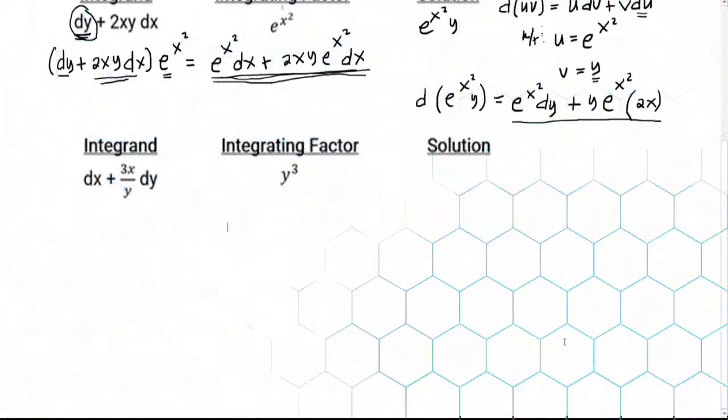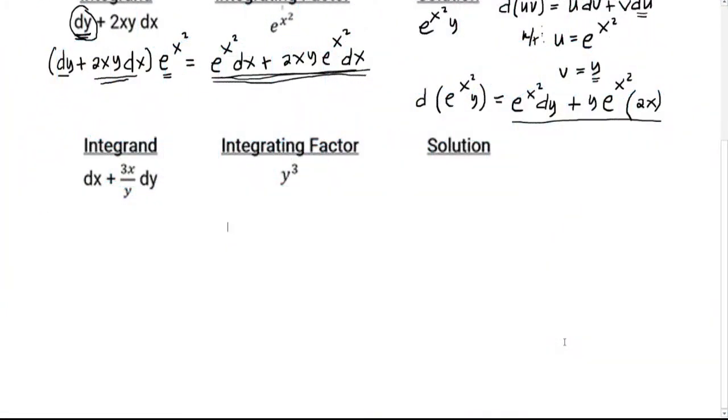Our third example, the integrand is dx plus 3x over y dy, and the integrating factor is y cubed. Our third example is different from the previous two examples, since the first term in our third example is dx, and in the previous, the first term is dy. Anyway, we are going now to follow the procedure.